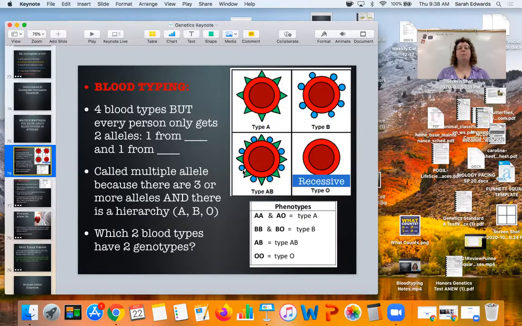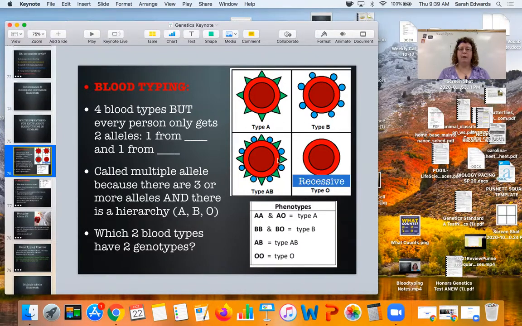So you have both membrane proteins. Now, the way we write this, it is type AB blood, not type BA blood. We always alphabetize, so A comes before B, so it is type AB blood. O is another type of blood, and they have no membrane proteins on their surface. So their red blood cells are smooth.